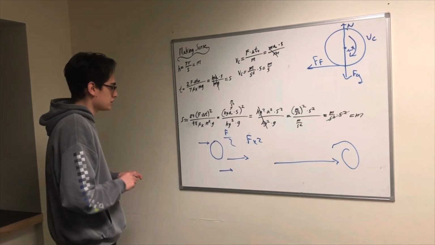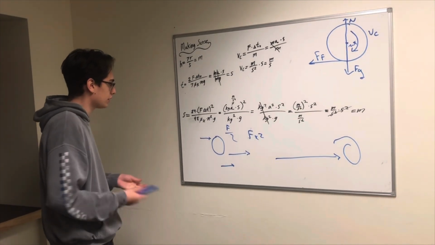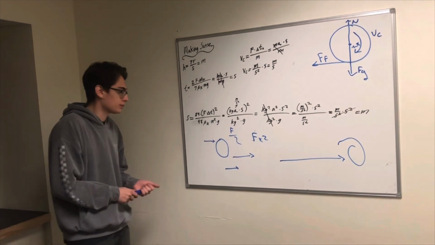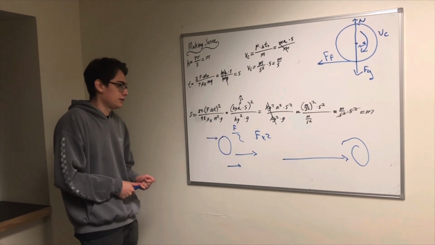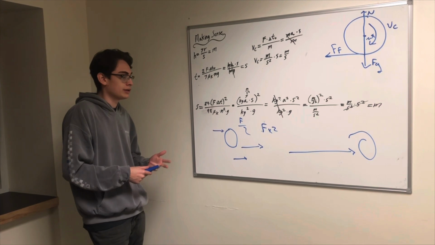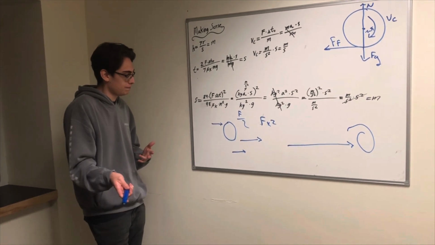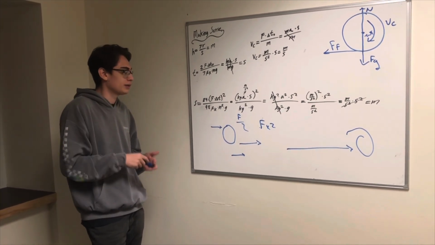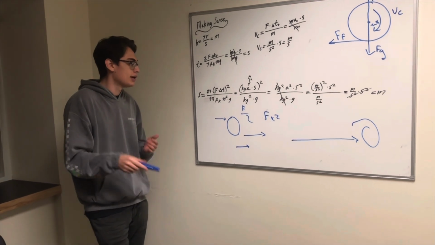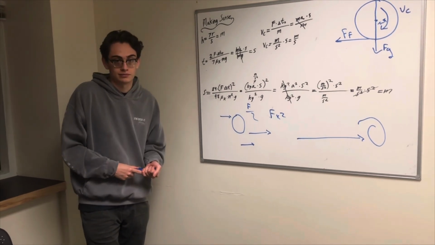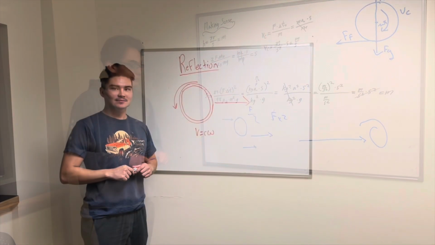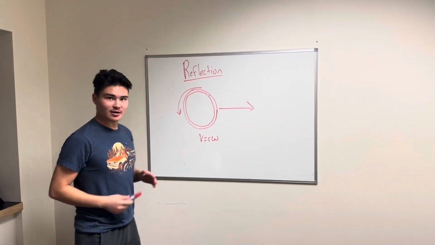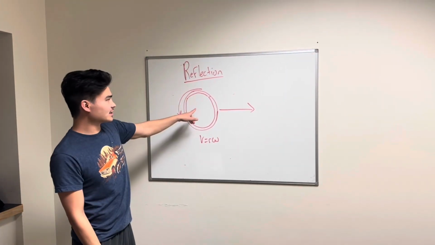And this makes sense because think of if you were to kick a soccer ball with a certain force. If you double that force, it goes twice as far before it rolls. If you were to kick it with half the force, it would go half the distance before rolling.